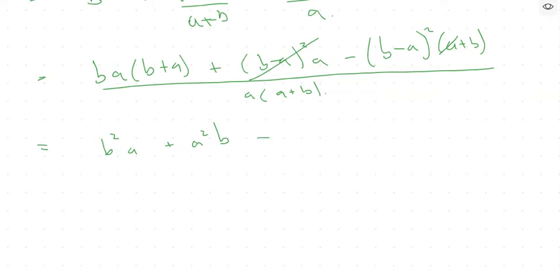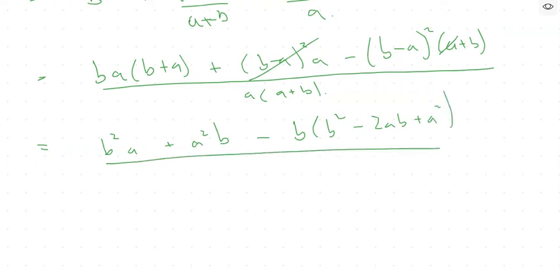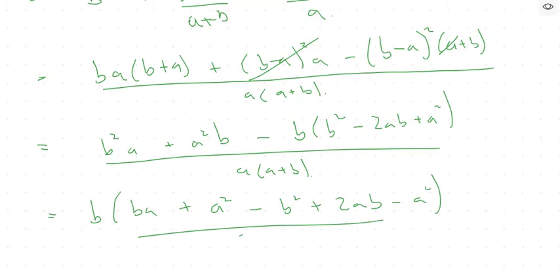So it's minus B lots of (B squared minus 2AB plus A squared) over (A plus B). Right, let's see what we've got here. Let's take a B out of everything. So we've got BA plus A squared minus B squared plus 2AB minus A squared, all over (A plus B).